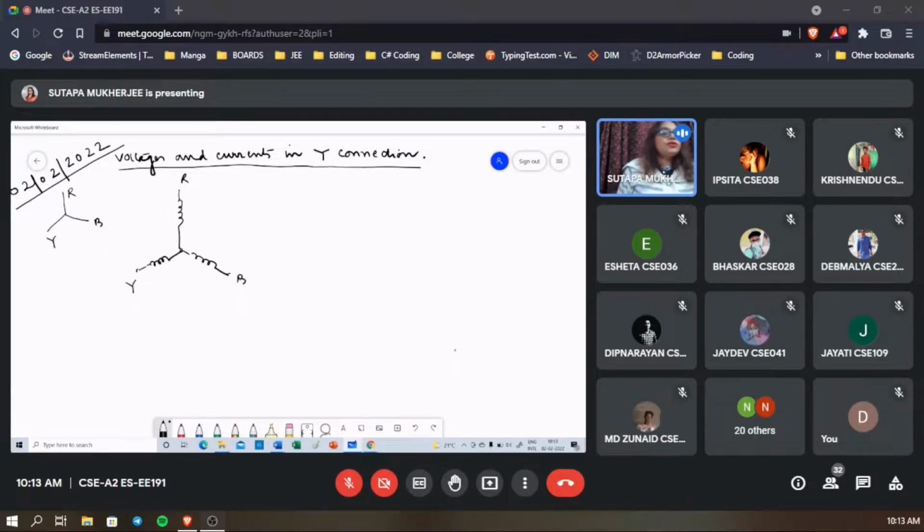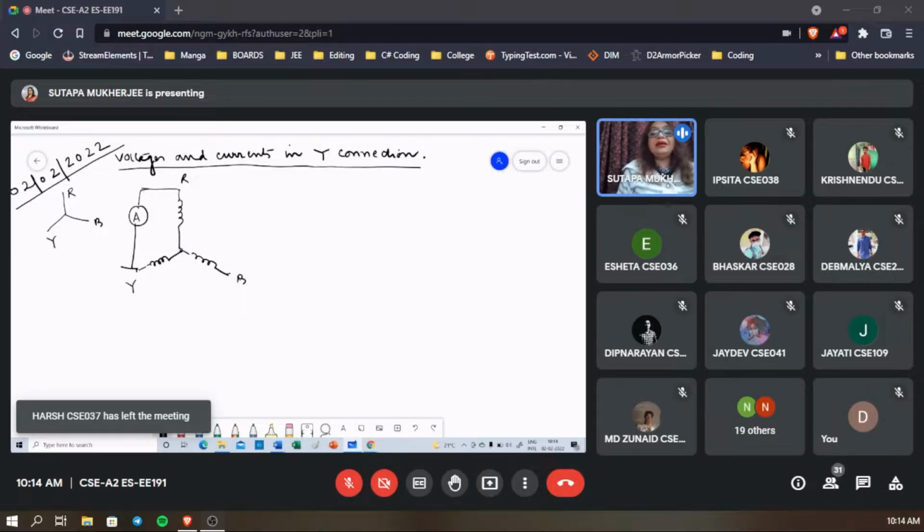If you want to measure the line current, what do you have to apply? You have to apply a wattmeter. I'm sorry, an ammeter. Am I correct? So this is the line. Use an ammeter here, so this will give the current. If you consider this, this is basically a particular loop. Is the current passing through each phase and each line the same or not?